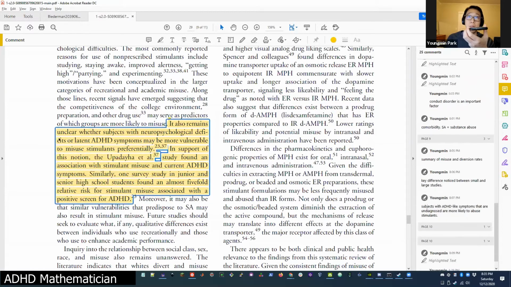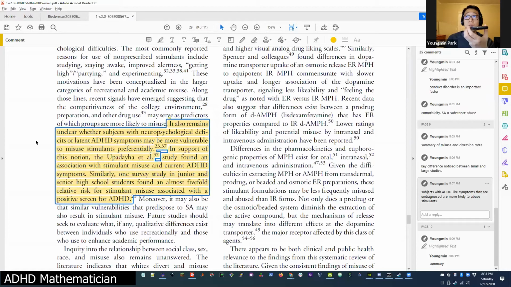Yeah. This just makes sense. If you have ADHD-like symptoms where you haven't been diagnosed, then you might try to find ways to self-medicate, including using stimulant medication, and unfortunately not as prescribed by a doctor.